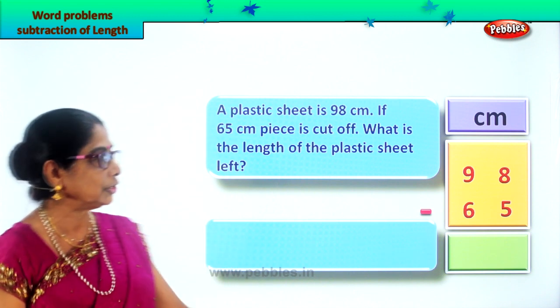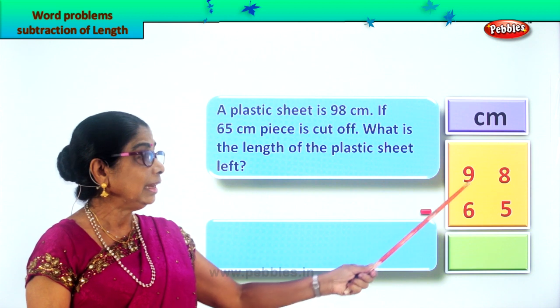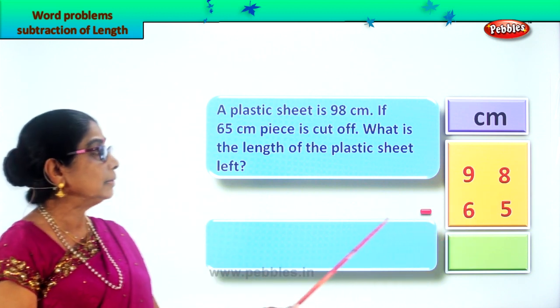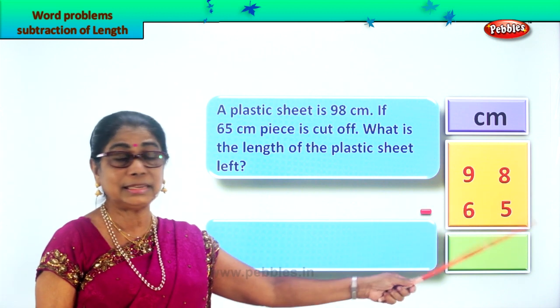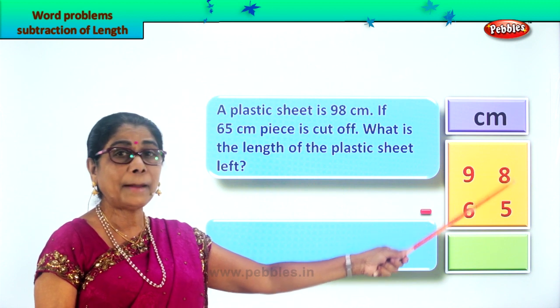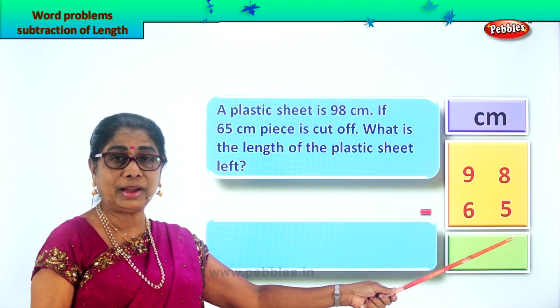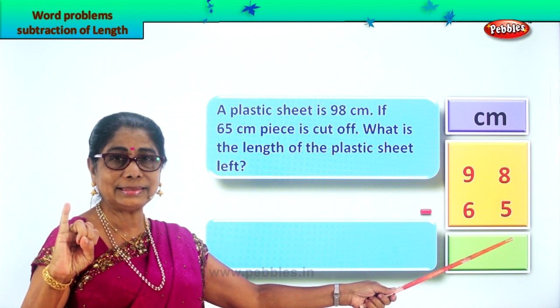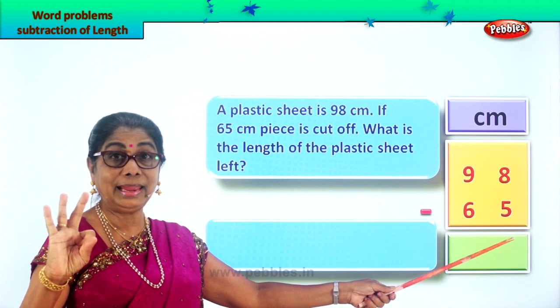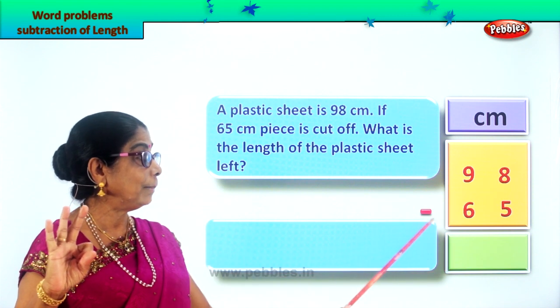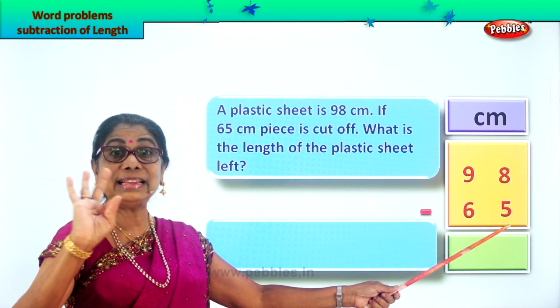Let's do the subtraction. 98 centimeters minus 65. 8 minus 5. 8 take away 5. After 5, 6, 7, 8. 8 minus 5 is 3.